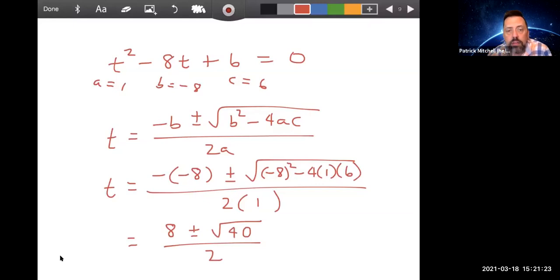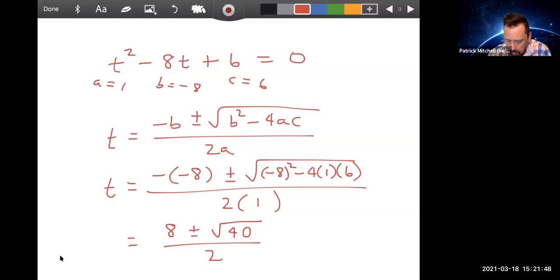All right. So now this is an application problem, and they asked for the answers to the nearest tenth. So this is another one where you don't have to find the exact solutions by simplifying the radical. We can just ask the calculator at this point, what is the square root of 40?